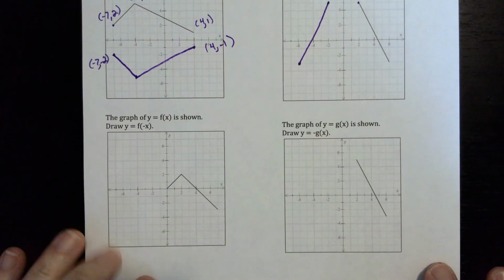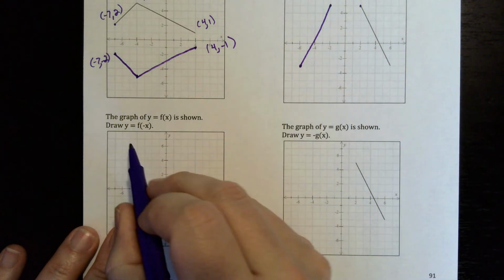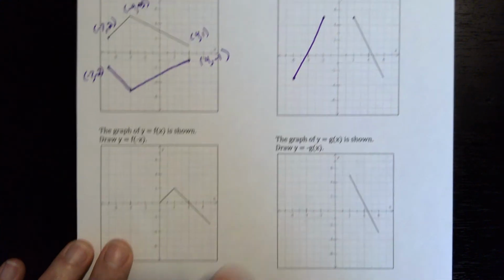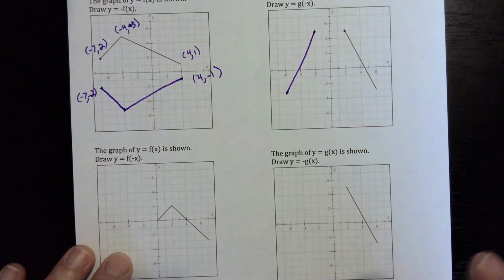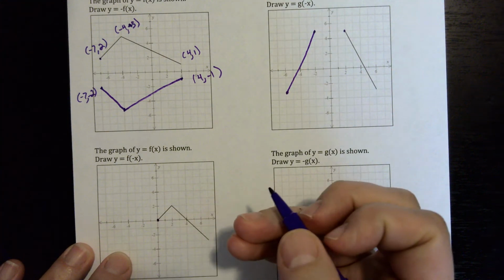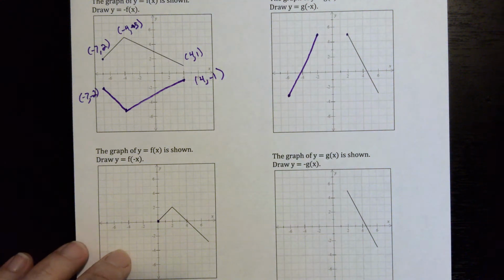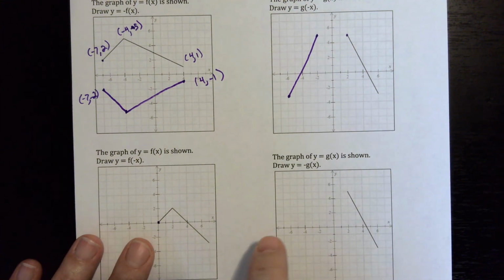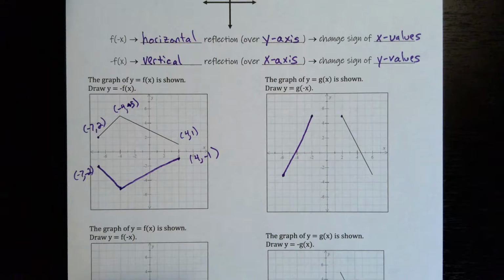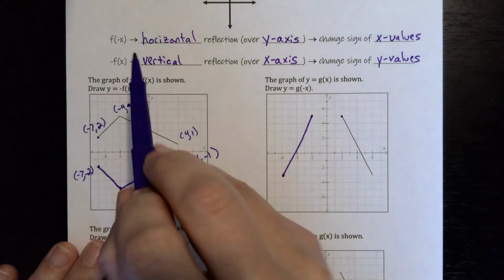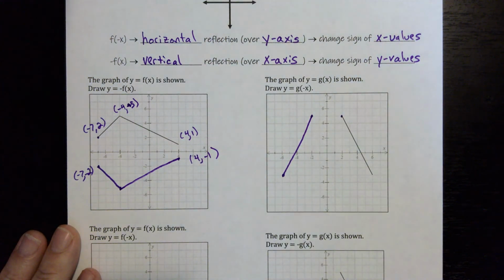Okay, let's take a look at this one. We have y equals f of x, and it wants us to find f of negative x. So that is, again, the horizontal reflection over the y-axis. Change the sign of the x values.